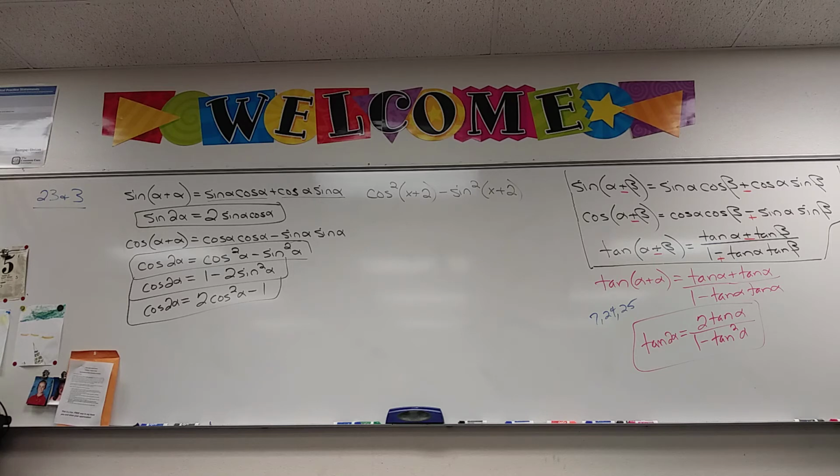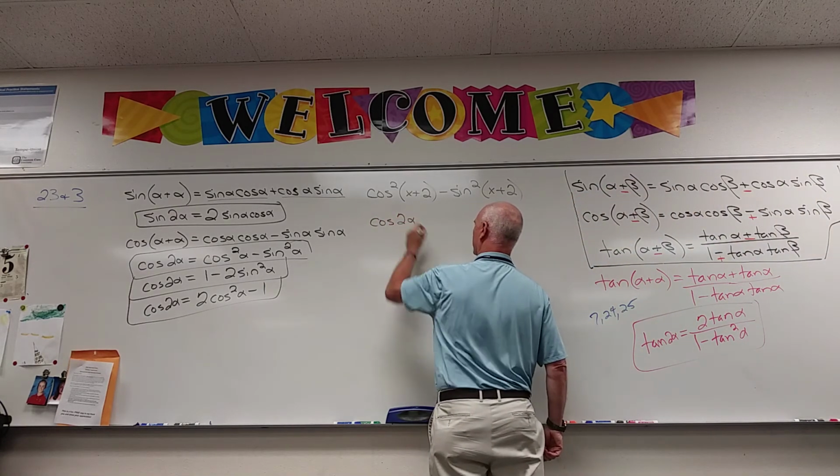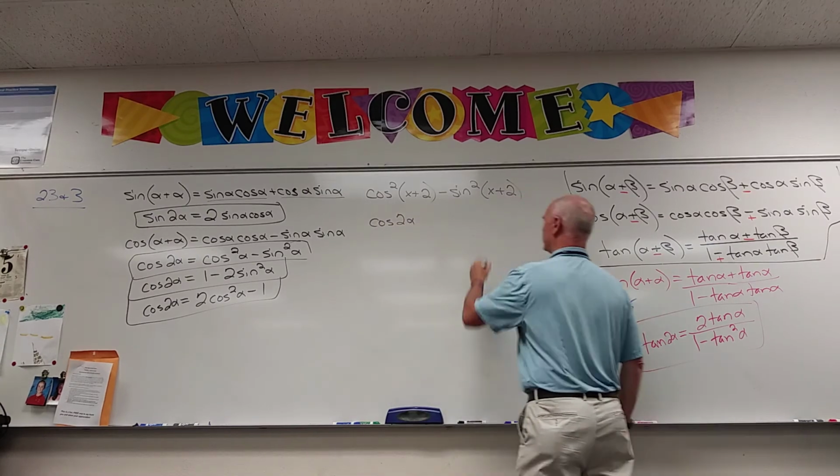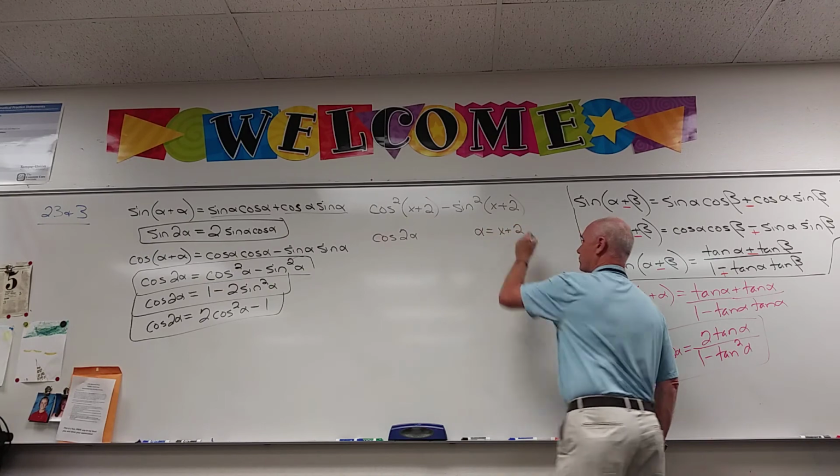Does that look like anything? The second formula. So it looks like a formula for the cosine of 2 alpha. But what is alpha? Alpha would be x plus 2.